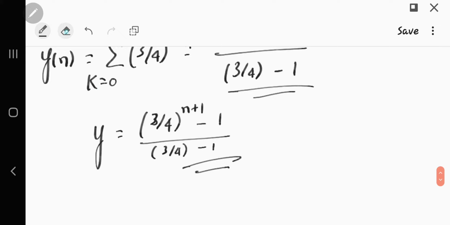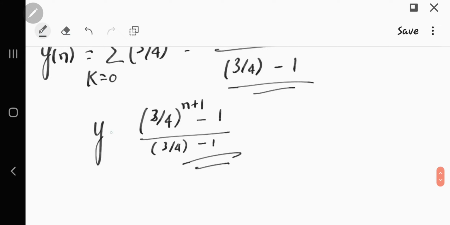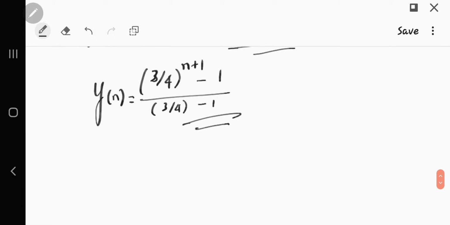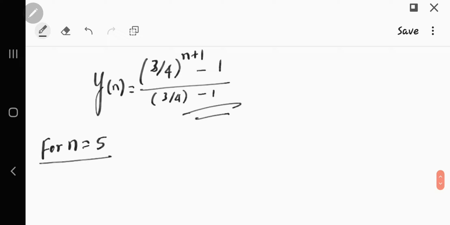Sorry, I forgot to write n here: y of n is equal to, okay. Now we have to apply the values for n here. For n is equal to plus or minus 5, as given. First I will apply plus 5.